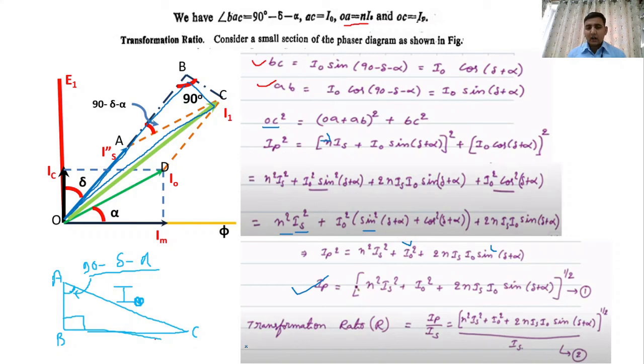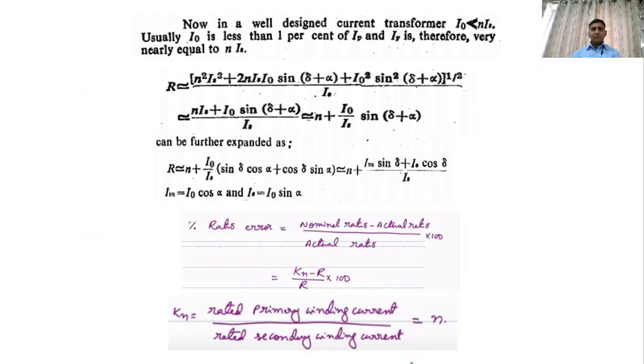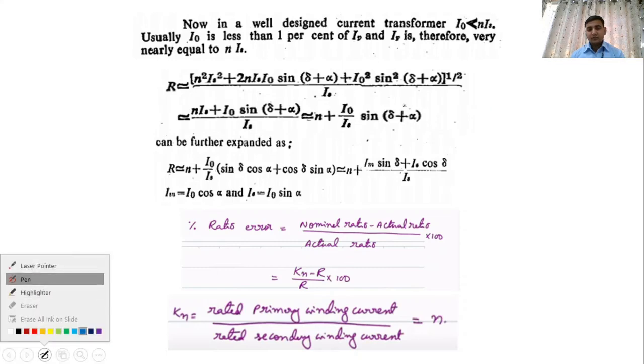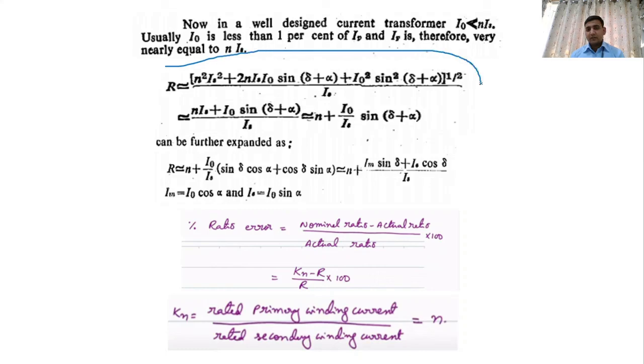So we have the transformer ratio equation, which gives the relation between the primary current and secondary current, represented as our equation 2. Now moving forward, as we discussed, we have to compress this equation into a² plus b² form. This equation is the turn ratio, and the numerator we have to convert into the form (a+b) whole square.